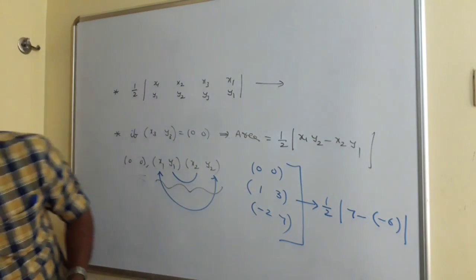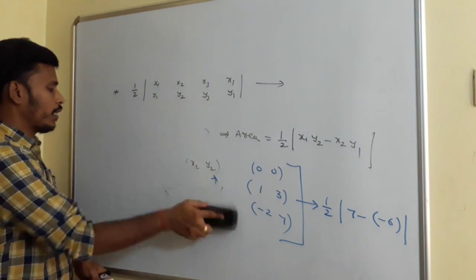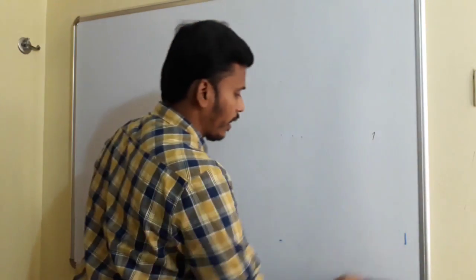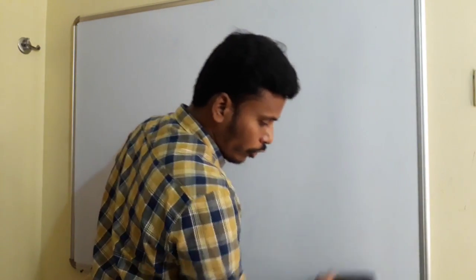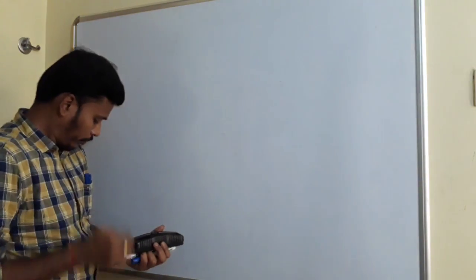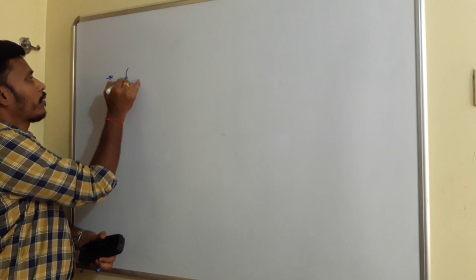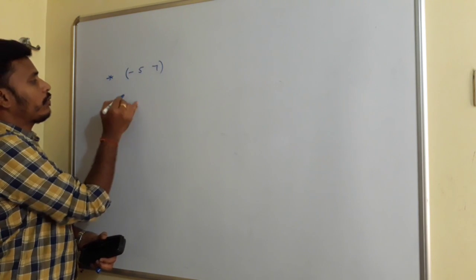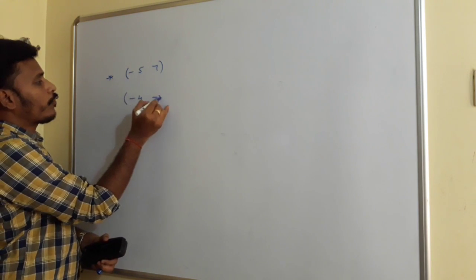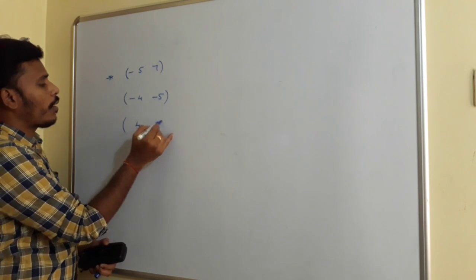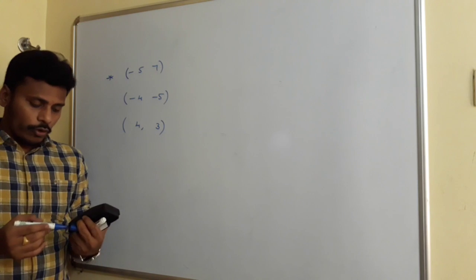See how it works. For example, if anybody asks you to find the area of the triangle with vertices like this, I am going to give you minus 5 comma 7, minus 4 comma minus 5, and 4 comma 3. See, these are the points.